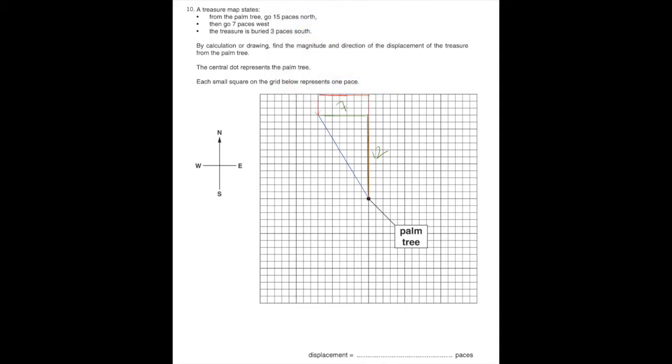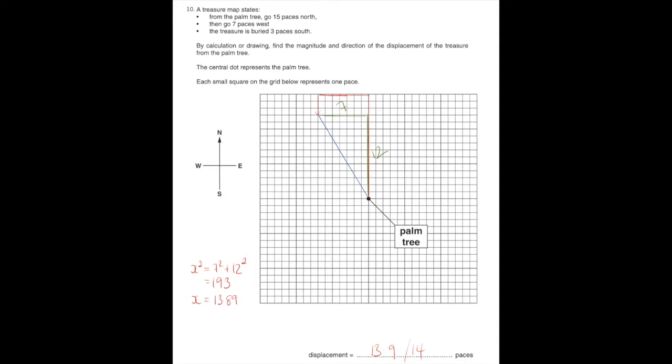The easiest thing to do from my point of view is to use Pythagoras. So x squared is just 7 squared plus 12 squared. When you do that, it comes out at 193, and therefore x comes out at 13.89 paces. So 13.9 or 14 paces is absolutely fine.